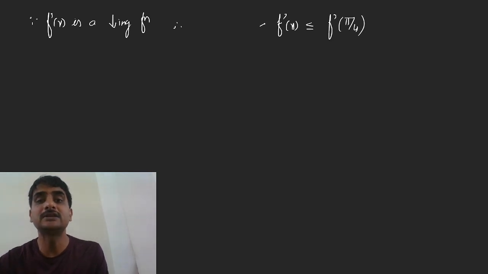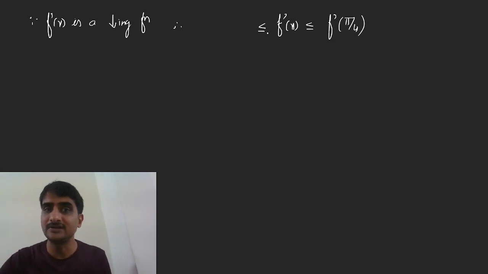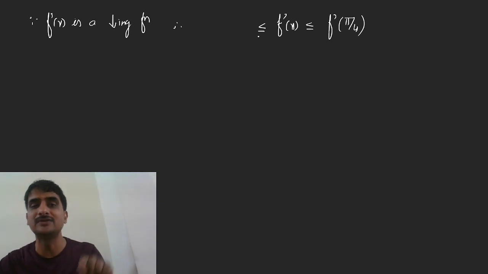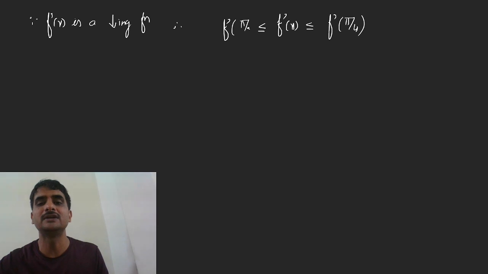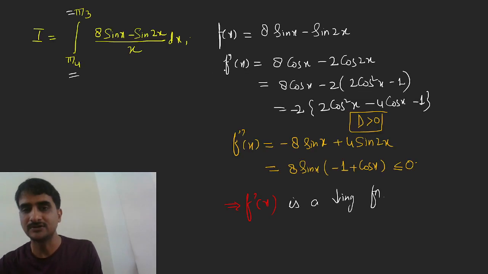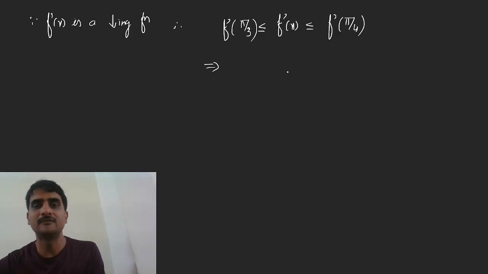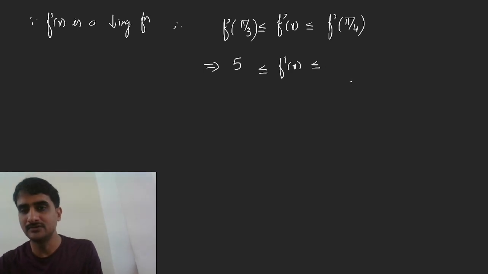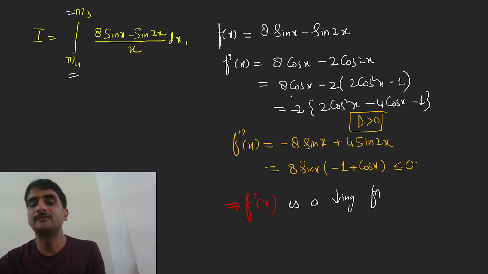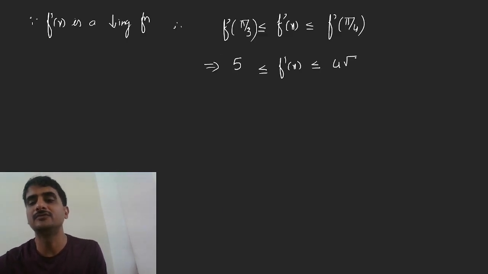Isn't that so? It's a decreasing function, so at the left end of the interval it has the maximum value, and at the right end of the interval it has the minimum value, greater than or equal to f dash pi by 3. Now how much is f dash pi by 3? So f dash pi by 3 means 8 cos, and this is 5. So 5 is less than or equal to f dash x, less than or equal to f dash pi by 4. So pi by 4 is 8 by root 2, which is 4 root 2, and cos 0. So it's 4 root 2.